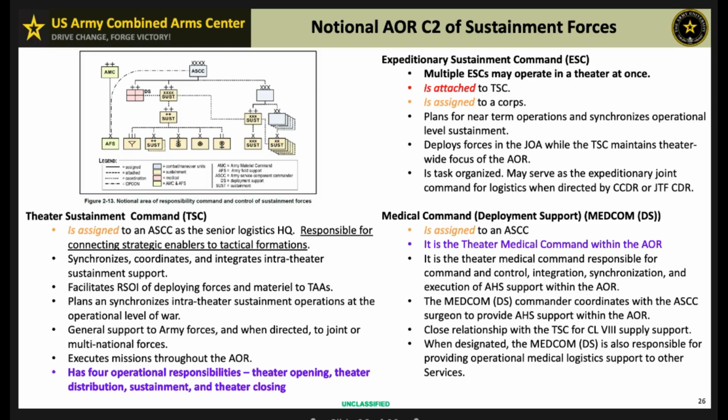The Medical Command Deployment Support, MedCom-DS, also assigned to an ASCC, is responsible for command and control of medical support within the AOR. It coordinates medical logistics and synchronizes the Army Health System, AHS, support in close coordination with the TSC.